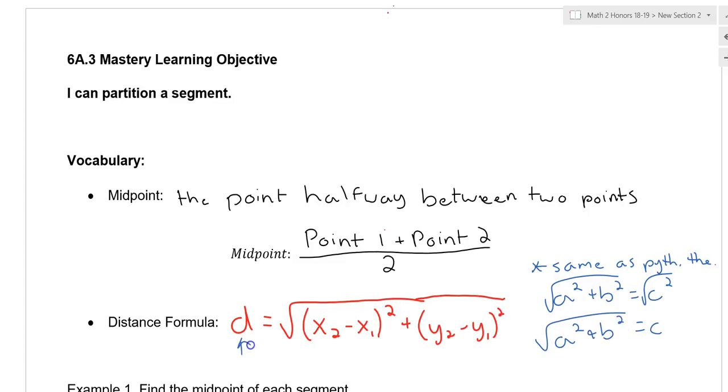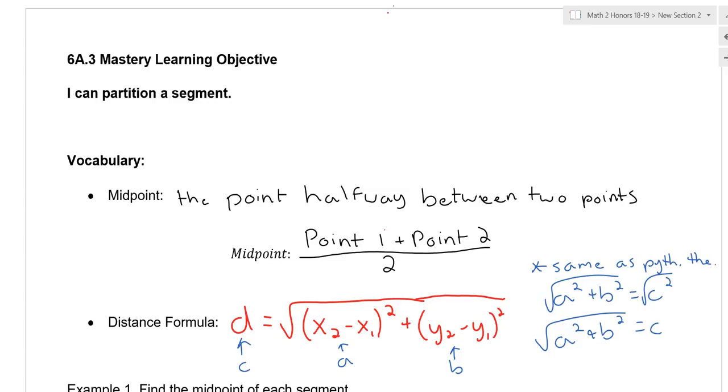So your distance is your c. Really all x2 minus x1 gives you is your distance between those 2 points, and y2 minus y1 is also a distance. It's the vertical distance and the horizontal distance.